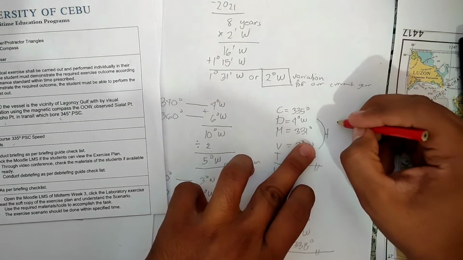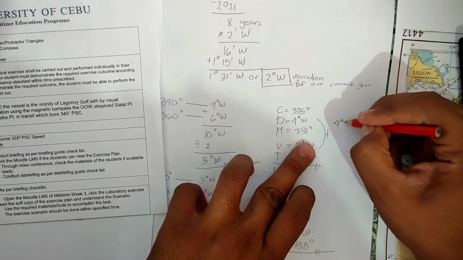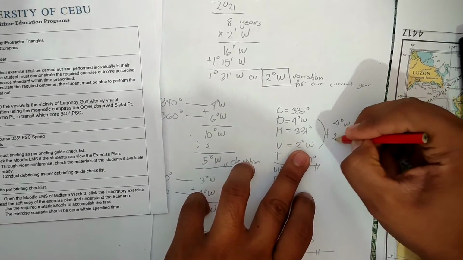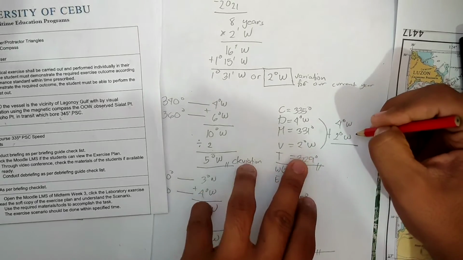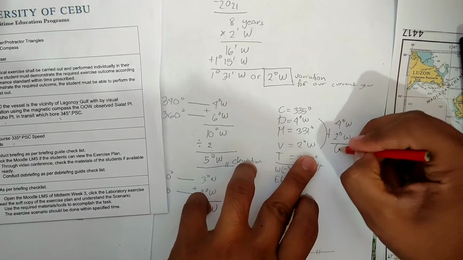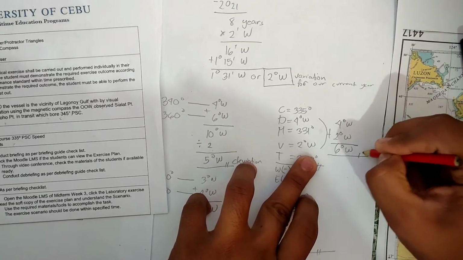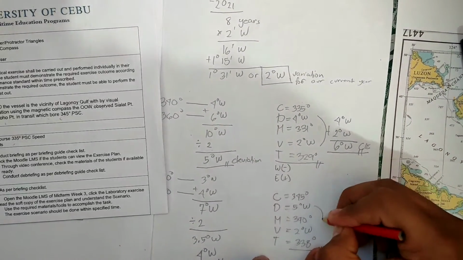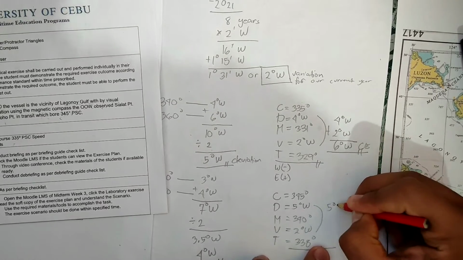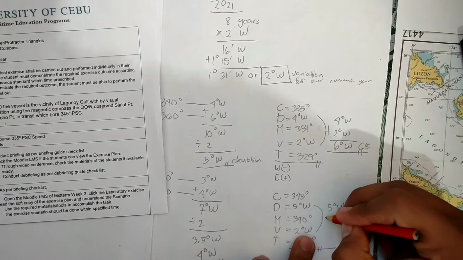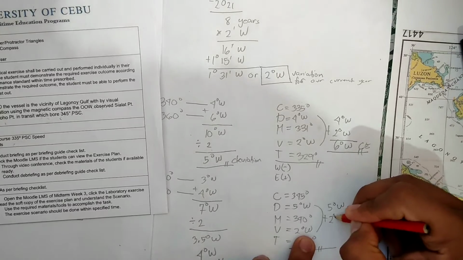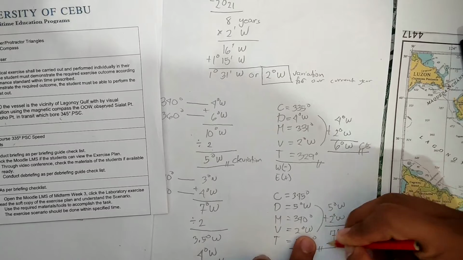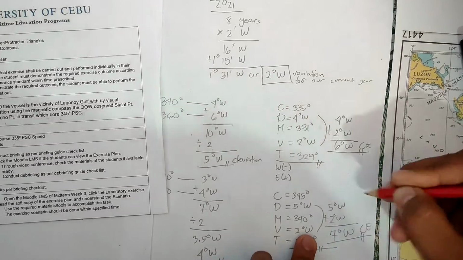We have 4 degrees west for our deviation, added by 2 degrees west for our variation, and we will get 6 degrees west, and that is our compass error. And here, let's add, we have 5 degrees west for our deviation, and added by 2 degrees west for our variation, and we will have 7 degrees west, and that is our compass error.